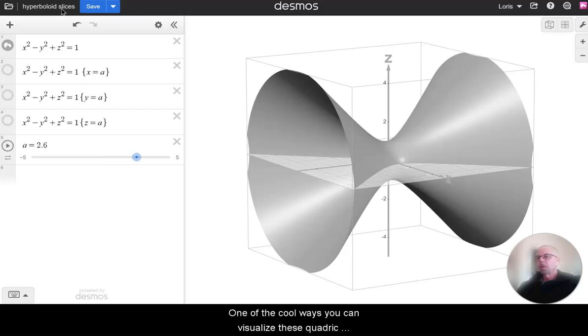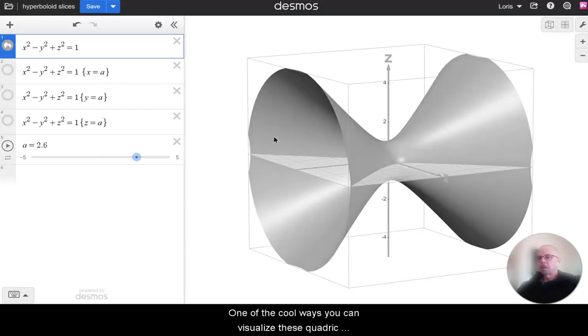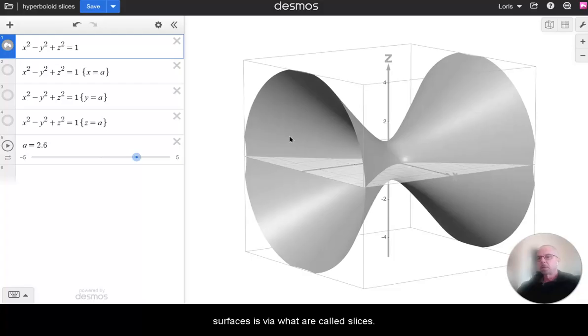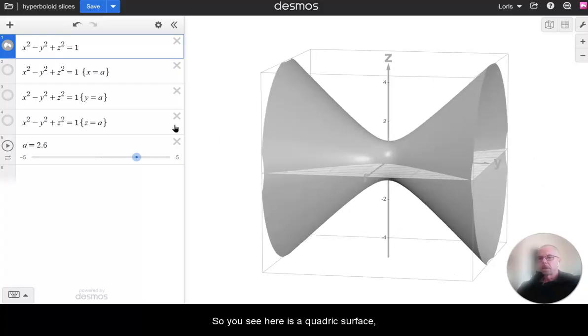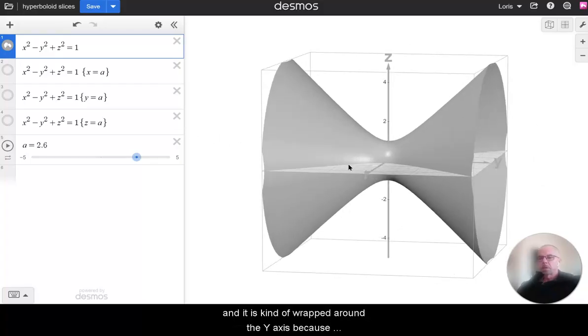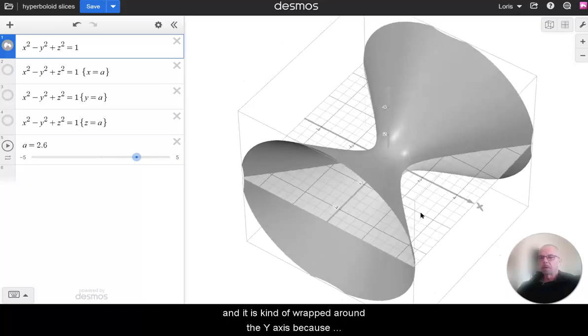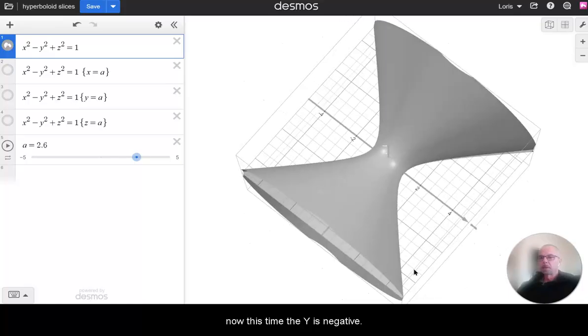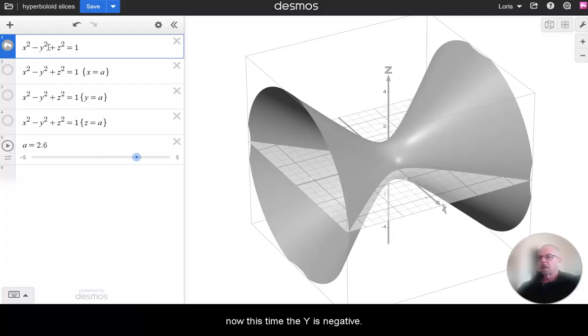One of the cool ways you can visualize these quadric surfaces is via what are called slices. So you see here's a quadric surface, and it is kind of wrapped around the y-axis because this time the y is negative.